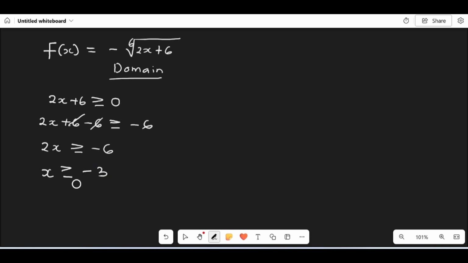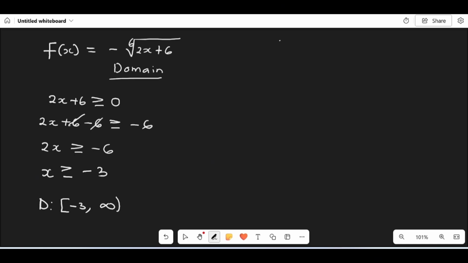So the function is defined for all x greater than or equal to minus 3. So our domain is [minus 3, infinity). We use a square bracket because minus 3 is inclusive.